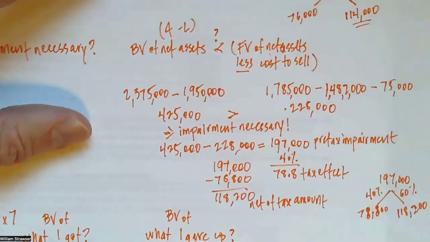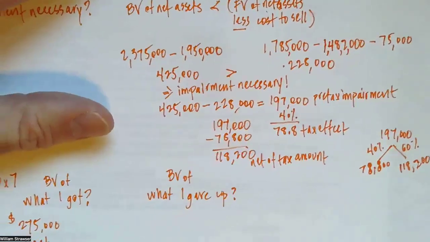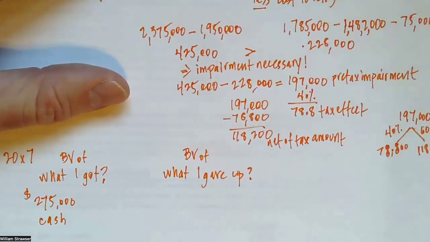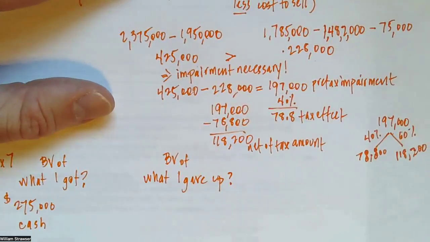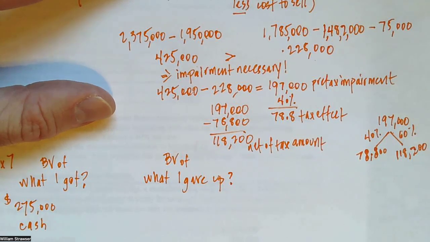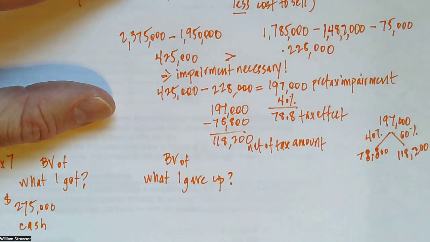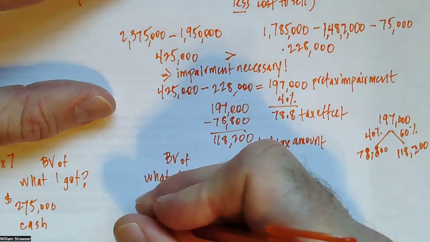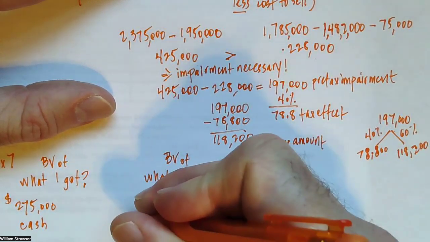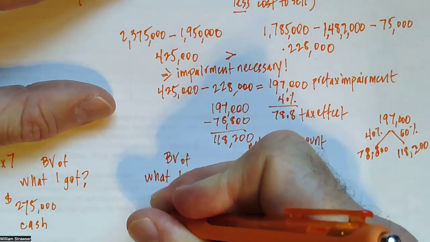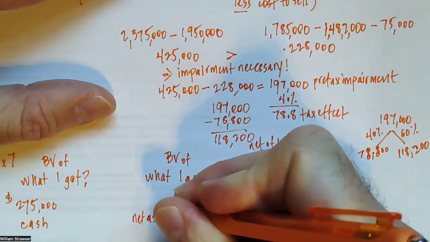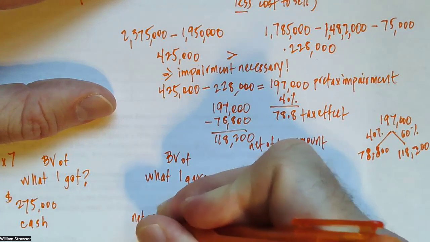And when we are giving up a segment of a business or an entire business, the way that we assess the book value of a business is its net assets. So we're talking about giving up the book value of the net assets of the disc op.